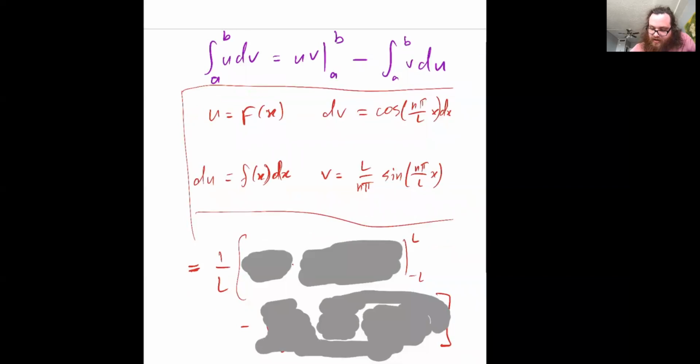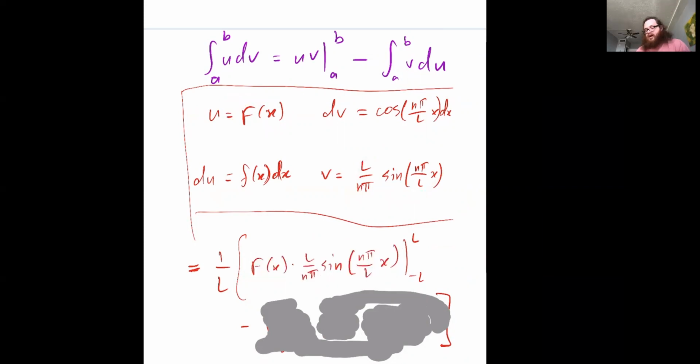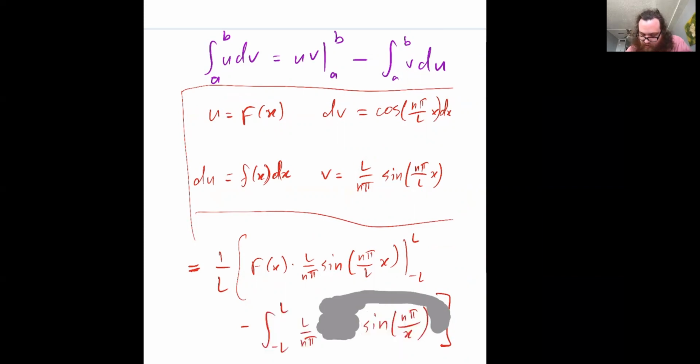Plugging things in, we have u times v evaluated between negative L and L, minus the integral of v du.